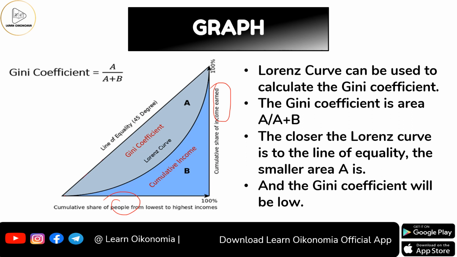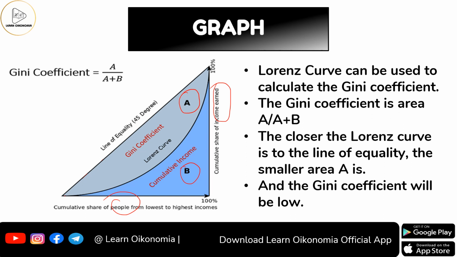And the curve that you can see inside this triangle is the Lorentz curve. You can make a division of this figure into two, A part and B part. The purple color indicates A part and the blue color indicates B part.